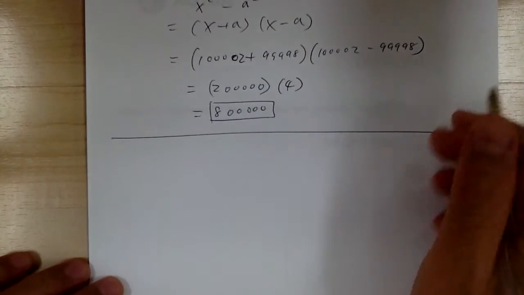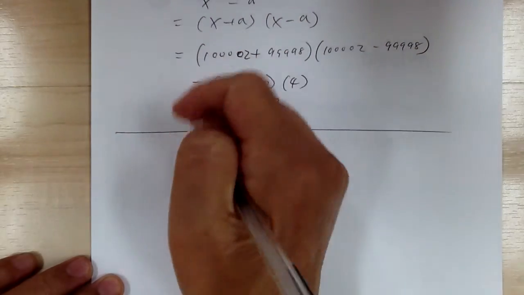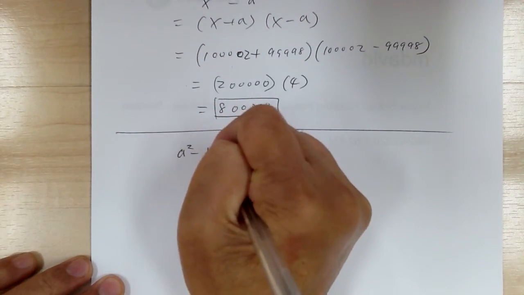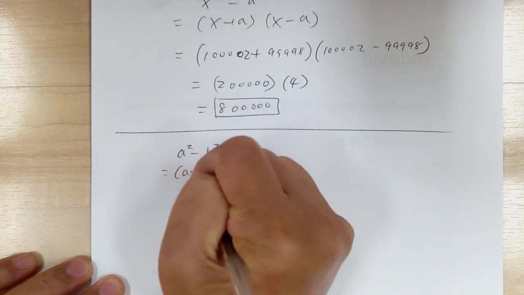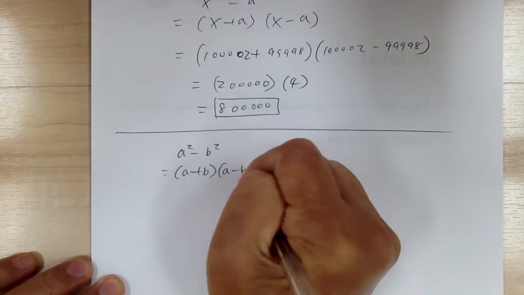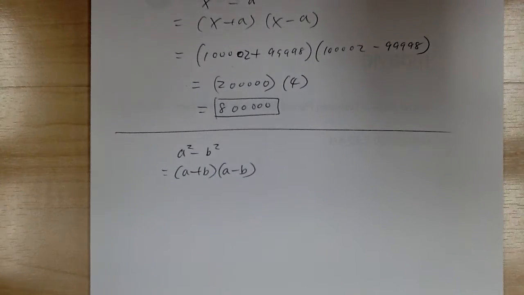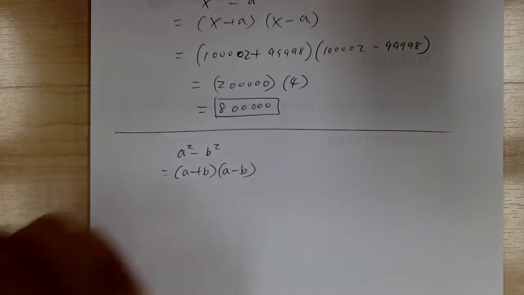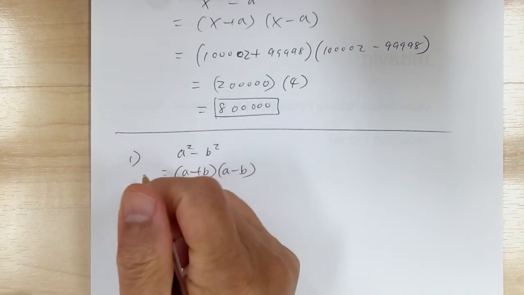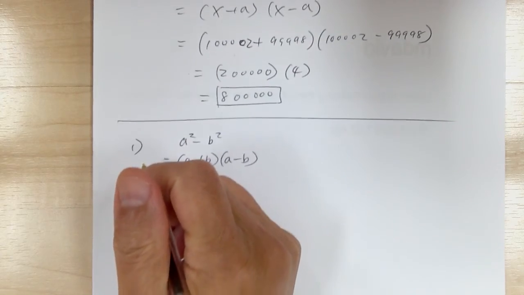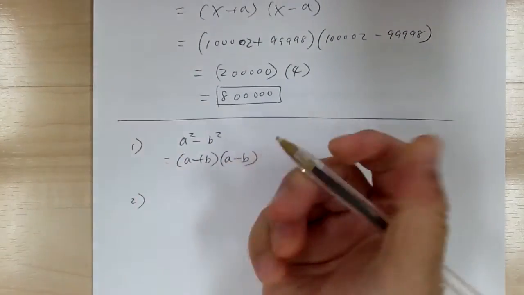Now there are several special factorings that you need to know, like a squared minus b squared. This is equal to a plus b times a minus b. So this one is kind of obvious. The second one, the sum of squares, is not as obvious. This is kind of the reverse.